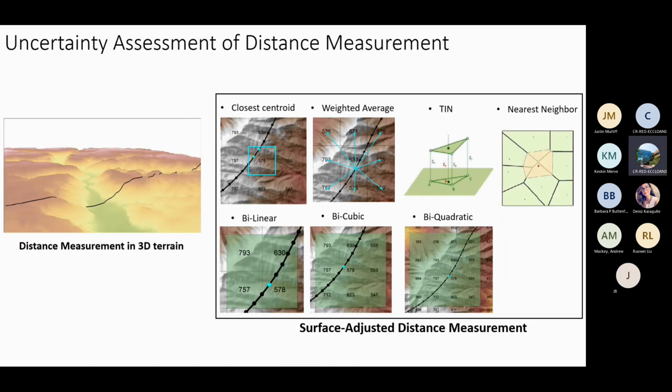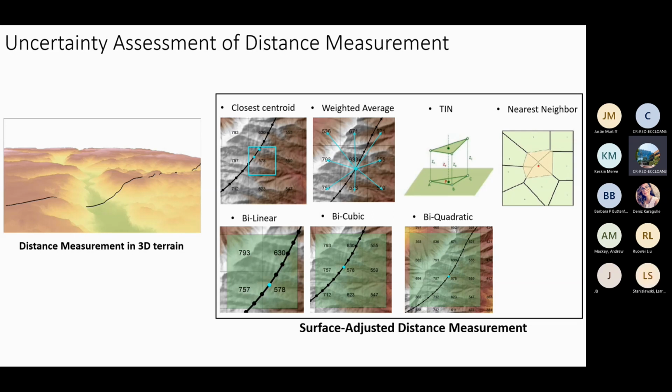In addition to temporal information, we apply the triangle model to analyze linear features in a geographic space. Distance is the fundamental spatial metric that has been widely used to do spatial analysis and modeling. However, how to measure distance in a 3D terrain is not a simple question. The measurement uncertainty is dependent on the resolution of the DEM, the terrain type, and also the surface adjusted method.